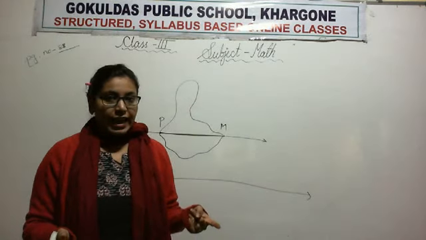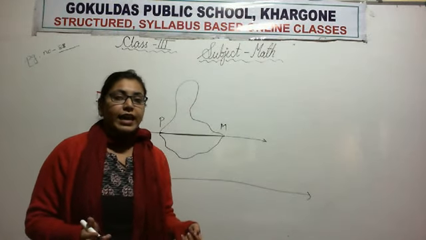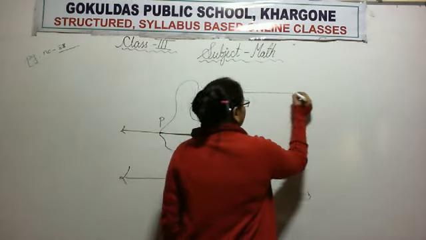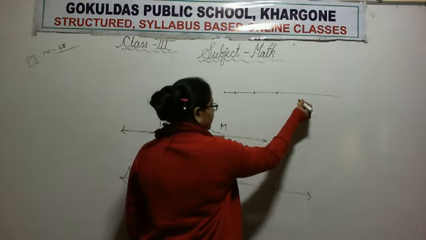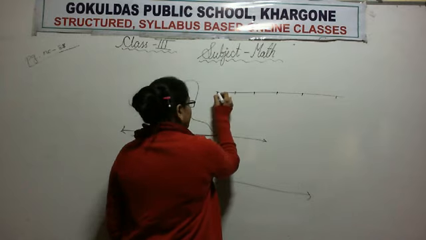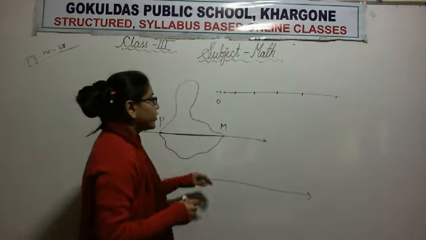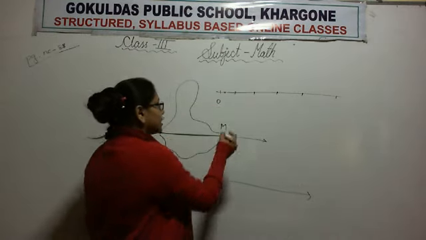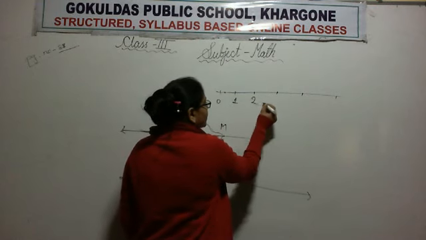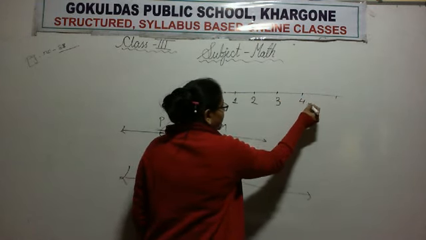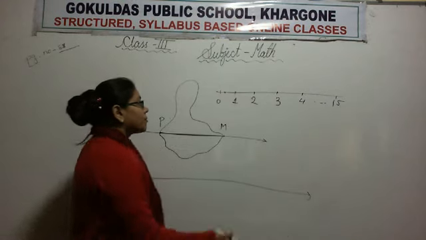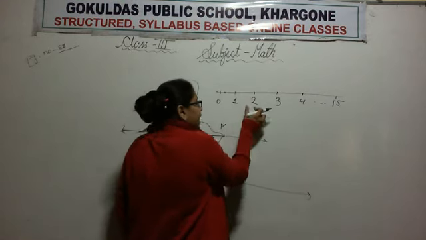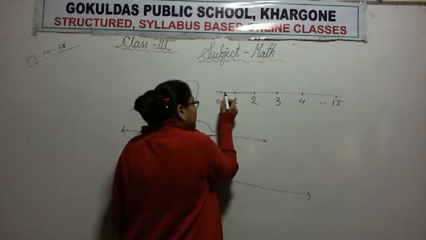You will take your scale, all of you. This is how your scale looks, starting from 0 centimeters, 1 centimeter, 2, 3, 4, up to 15 centimeters. And between each centimeter there are 10 subsections.